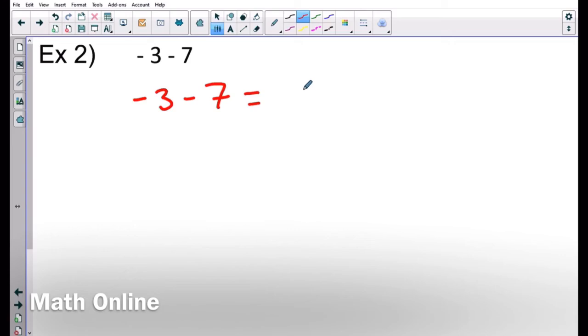So 7 plus 3 is 10. But remember what the addition rule says. If the signs are the same, add the numbers, which we did, and you must keep the sign that you were given. They give us a negative, they give us a negative. Therefore, this solution must be negative. Okay. There's your solution. All right. Without further ado, let's move on to the next slide.